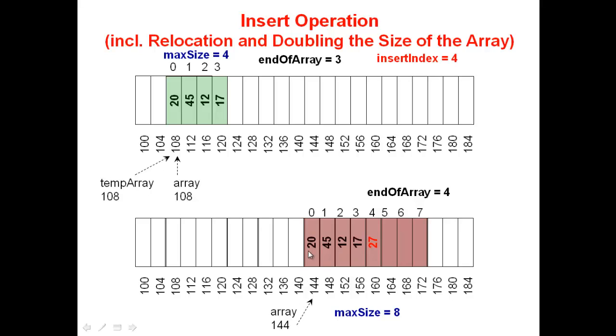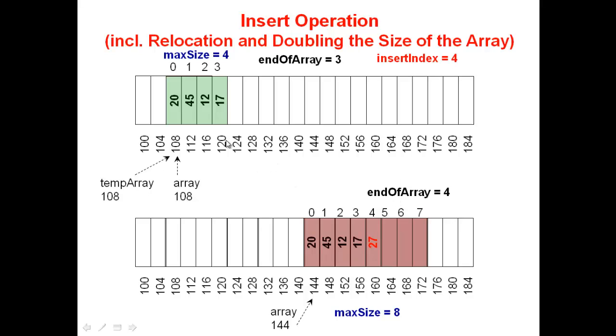Say array of 0 is temp array of 0, meaning the 20 will be copied here. Then array of 1 is temp array of 1, meaning the 45 will be copied here, and so on. And then we can now insert our new element, at index 4. So max size of this block will be 8, and end of array, which was 3 here, will now be incremented and will be set to 4.